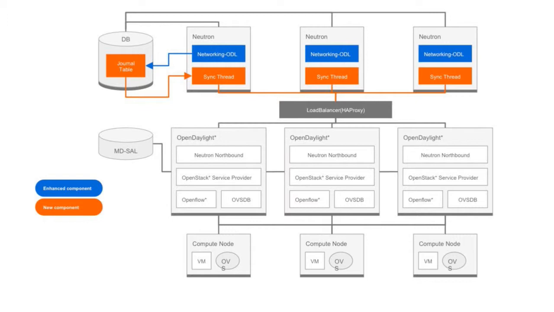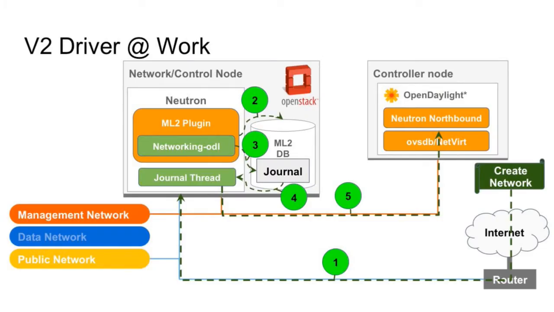Basically, it introduced a new DB table as an operation log. We call it a journal table. And also, we introduced a syncing thread inside Neutron servers. So basically, when users send a request to Neutron servers, the new driver framework logs its operation into the journal table, at the same time as the DB update, in the same DB transaction.